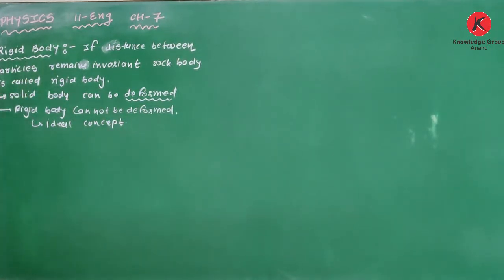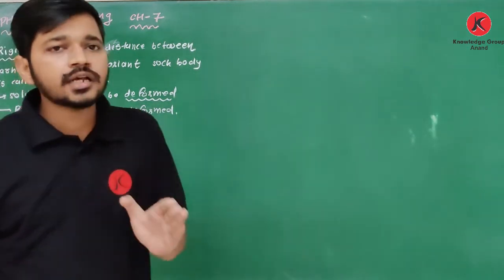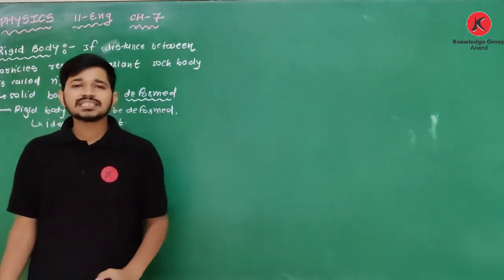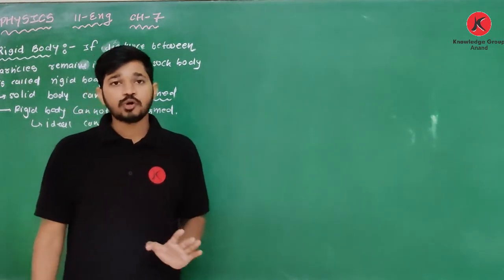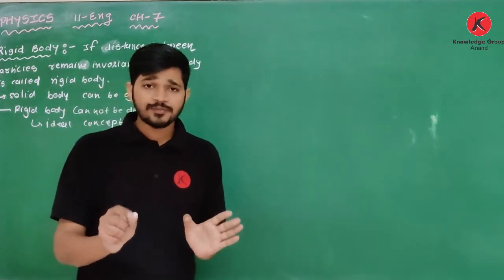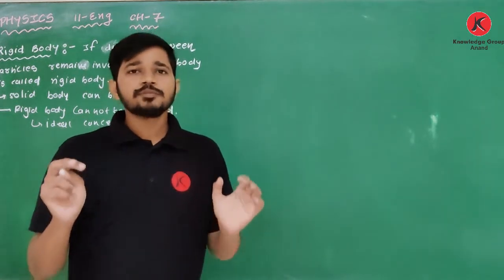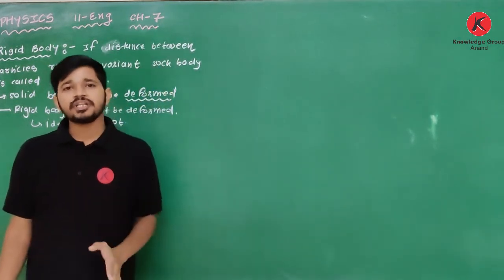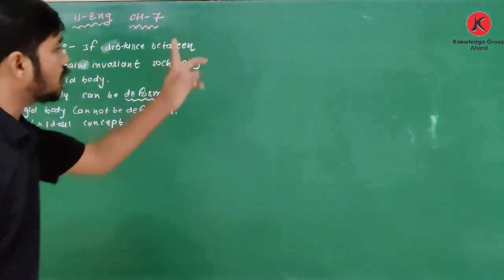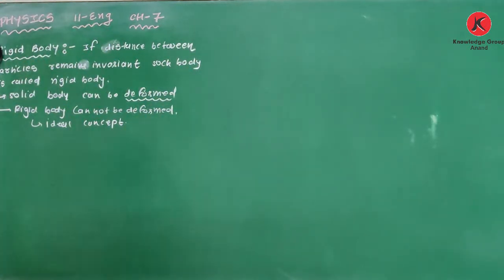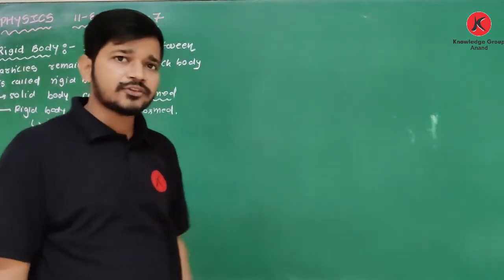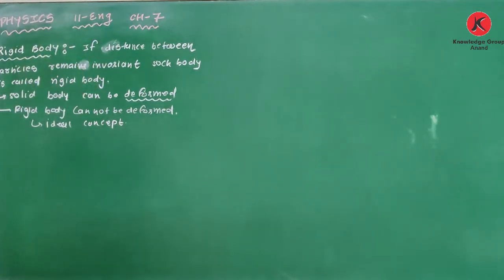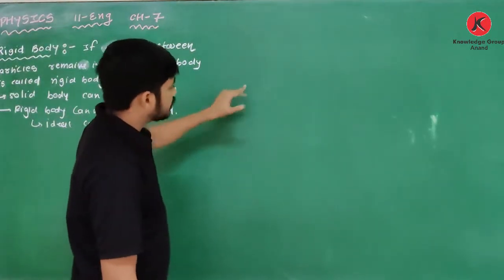What is the difference between solid body and rigid body? But for some practical purpose, we can consider a solid body as a rigid body. For example, this board. You are observing this board from Mars. So the distance between any two particles does not change.